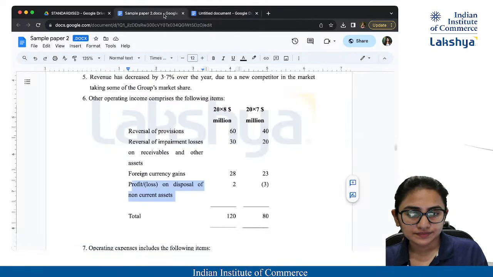So basically, foreign currency gains and profit or loss on disposal.